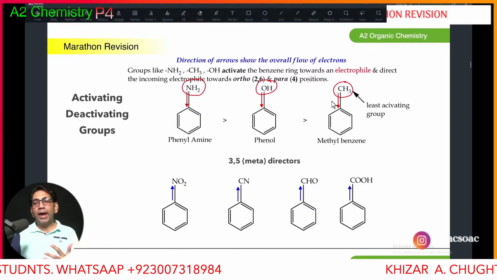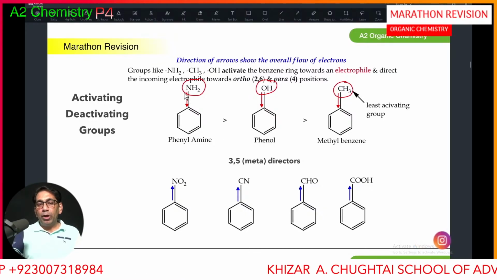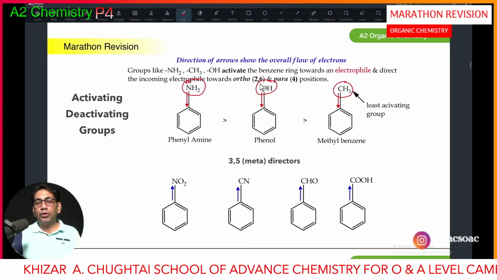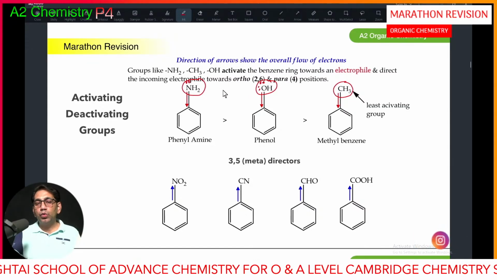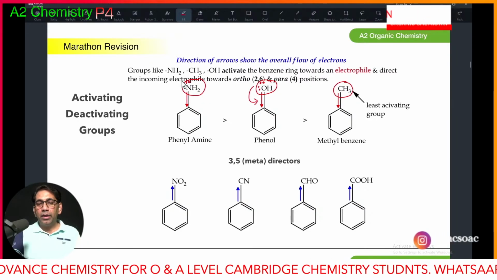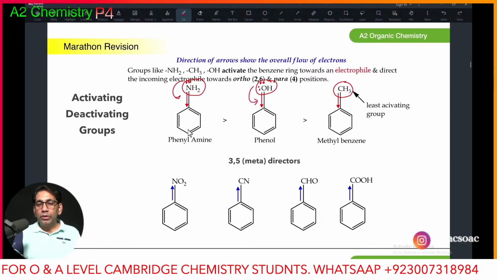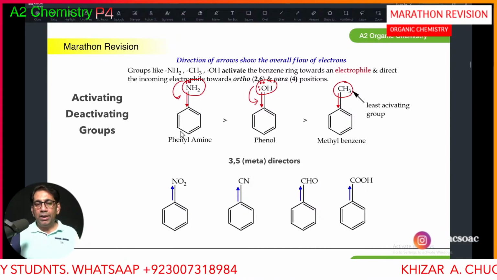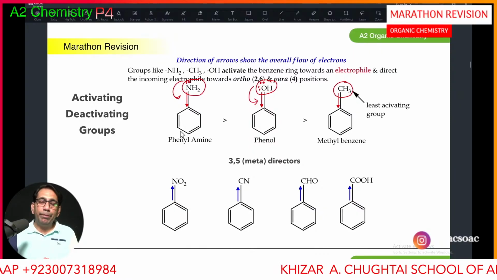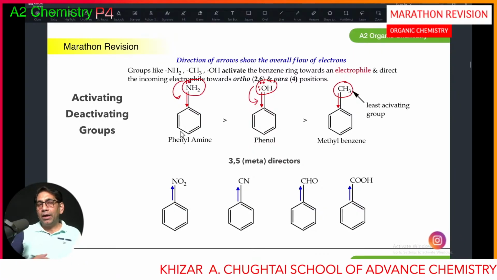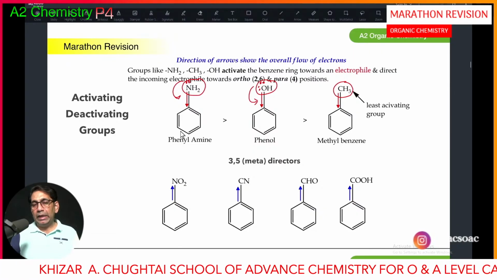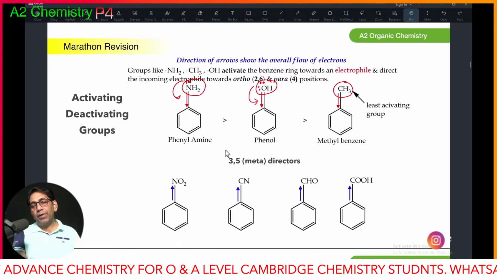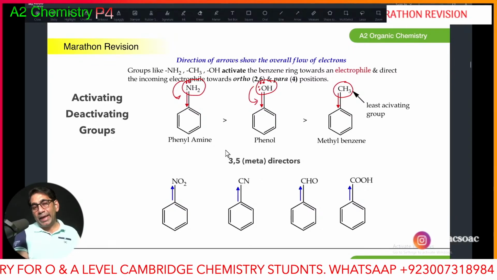They are going to activate the benzene ring because they are donating their lone pair of electrons. In this way, they are going to enrich the benzene ring with electrons.